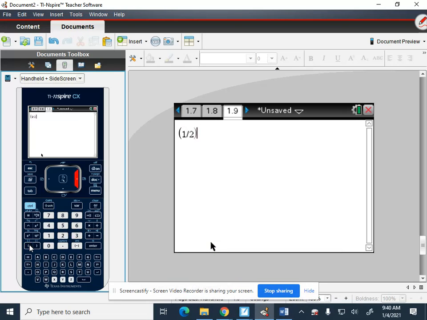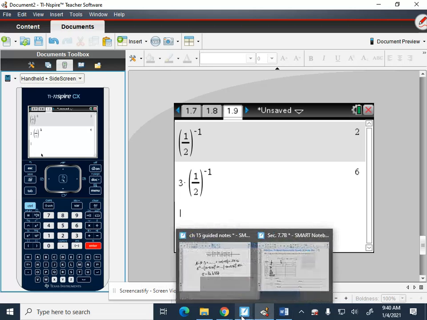I put in the 1/2 and I put in the -1. I got 2. If I do the same thing, but I put a 3 in front of it, all it does is make it 6.